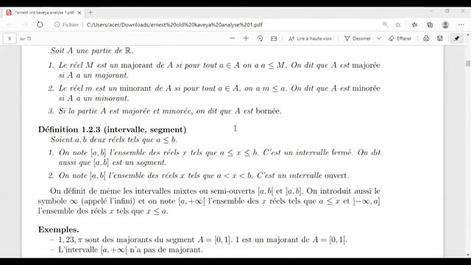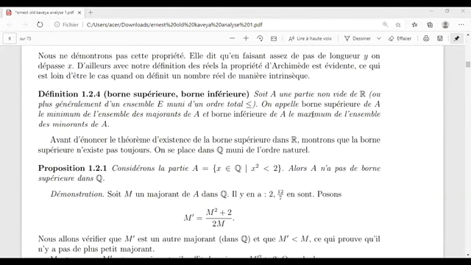Okay. So bone superior, we say bone superior. This is the minimum set of the majorant that you find. So it's like you've got a set of numbers or a set of objects, which is your majorant. So the minimum number that you actually get out of that same set is what we call the bone superior.